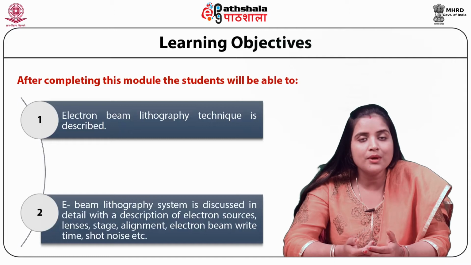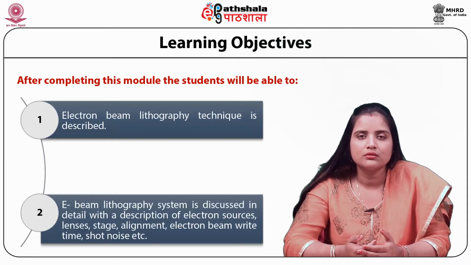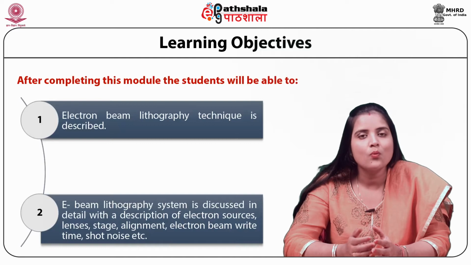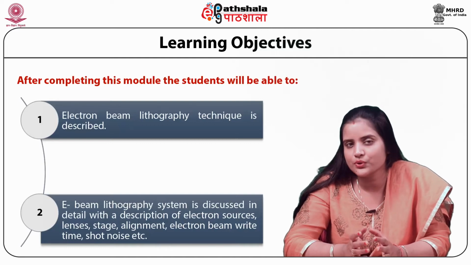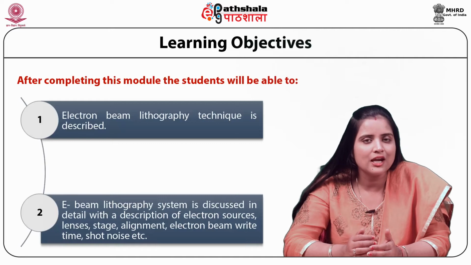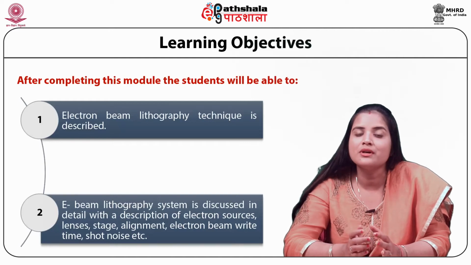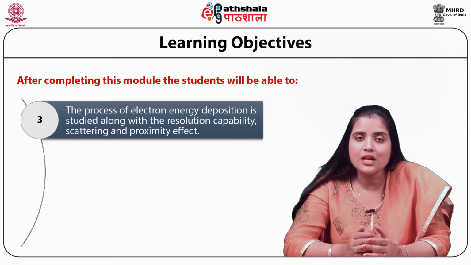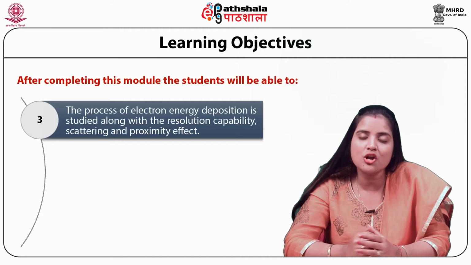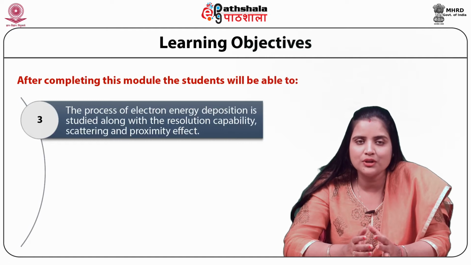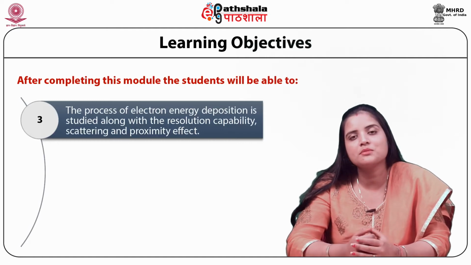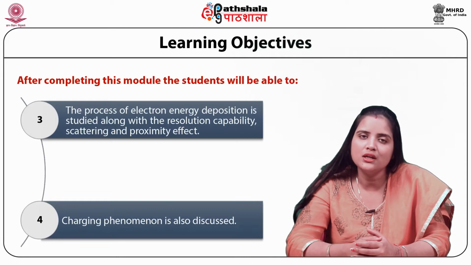Also, the E-beam lithography system is discussed in detail with a description of electron sources, lenses, stage, alignment, electron beam, write time, shot noise, etc. In addition, the process of electron energy deposition is studied along with the resolution capability, scattering, and proximity effect. Finally, the charging phenomena is also discussed in this module.